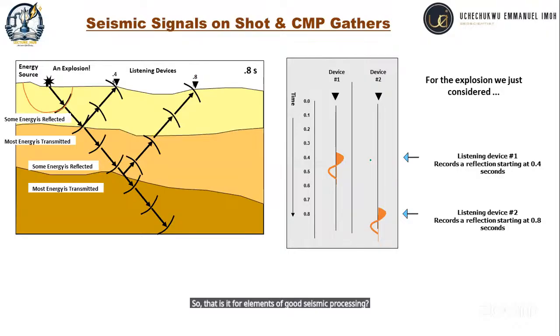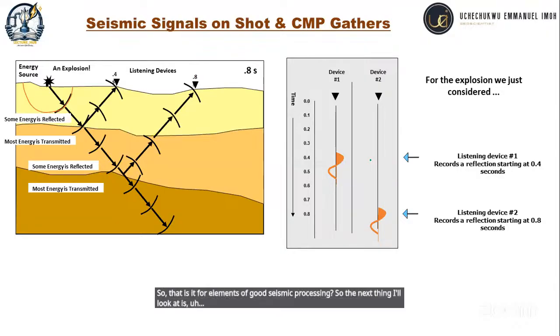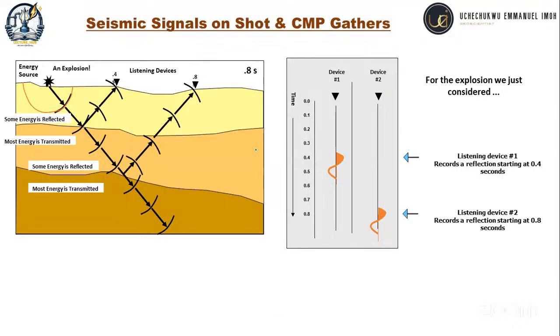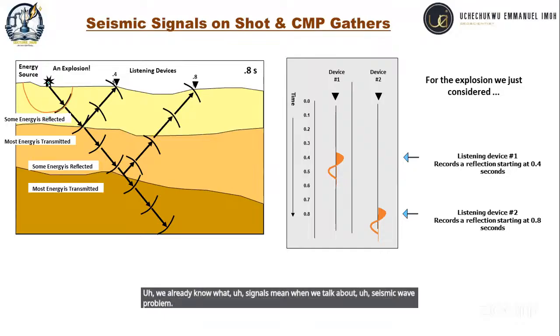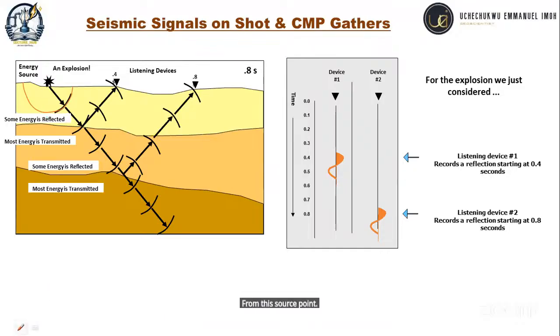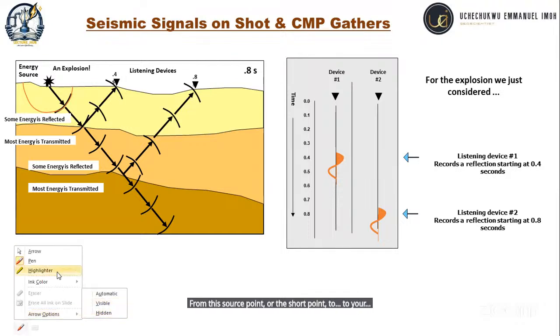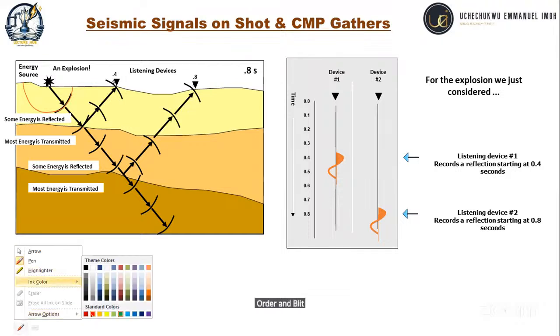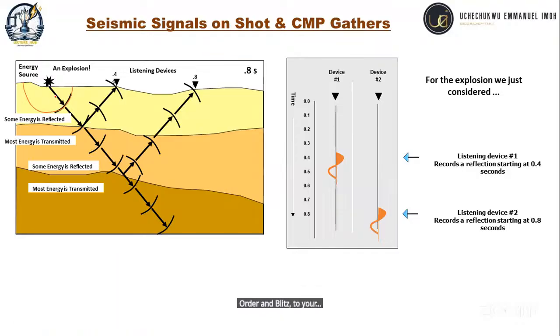So the next thing I'll look at is, we already know what signals mean when we talk about seismic waves traveling from the source point or the shot point to your receivers. We have already seen what this image is.